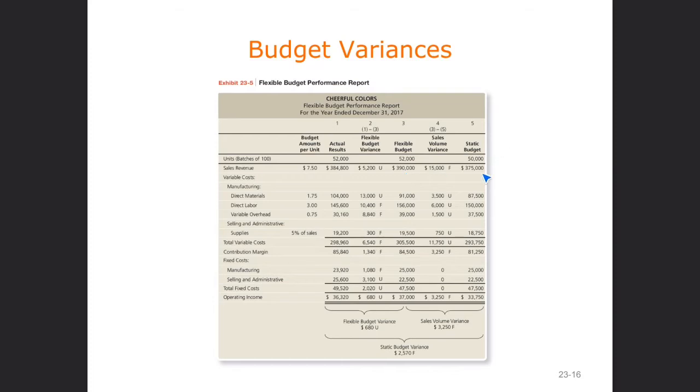Our static budget was 375,000. So our revenue is higher in our flexible budget than in our static budget. Because of that, we have a favorable variance, and the difference between the two is 15,000, and that's our sales volume variance. So we have a favorable sales volume variance of 15,000 for sales revenue.